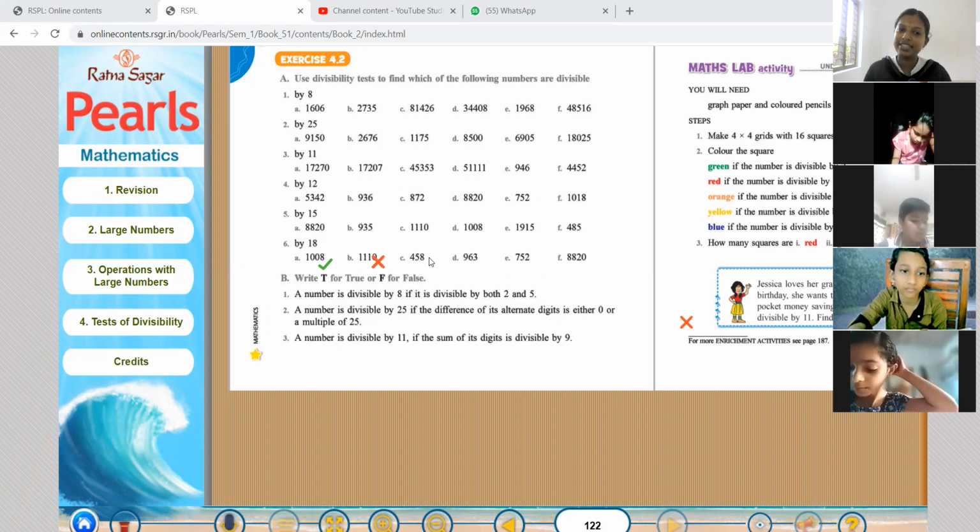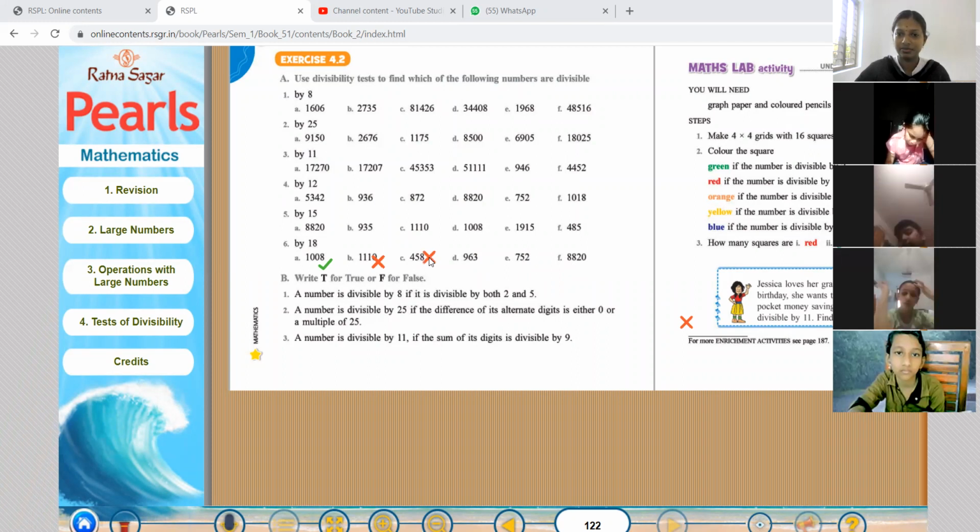And hence what can we say here? The number 458 is not divisible by 18. And now, what about 963?